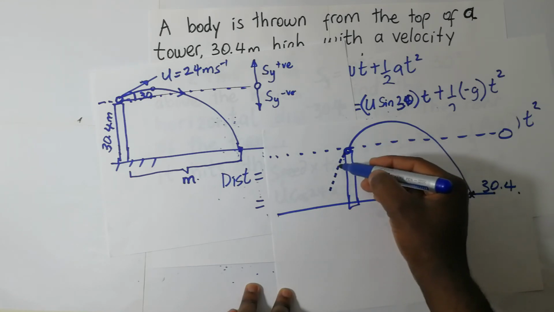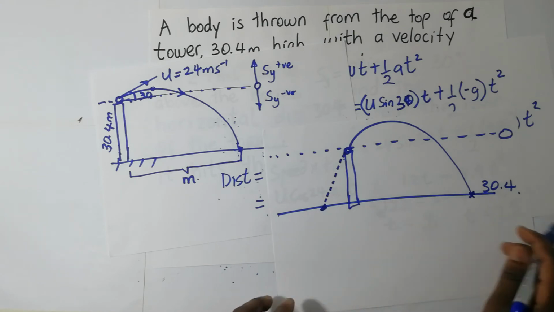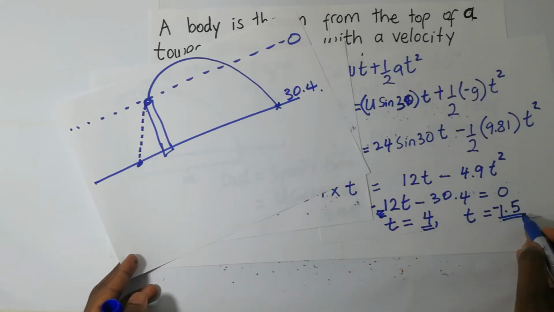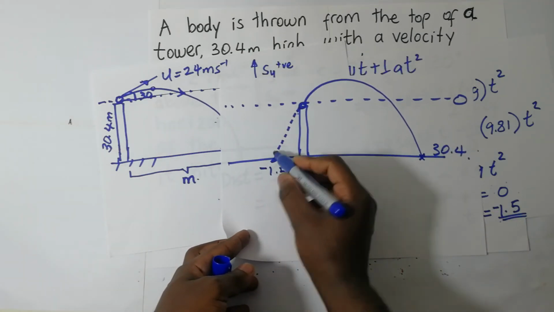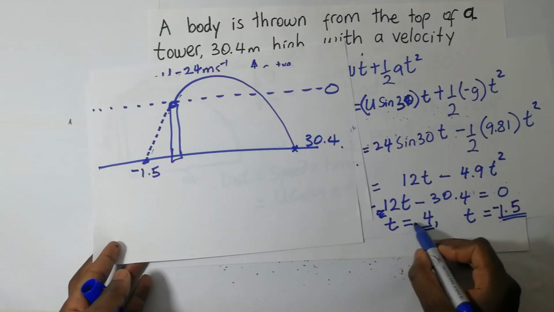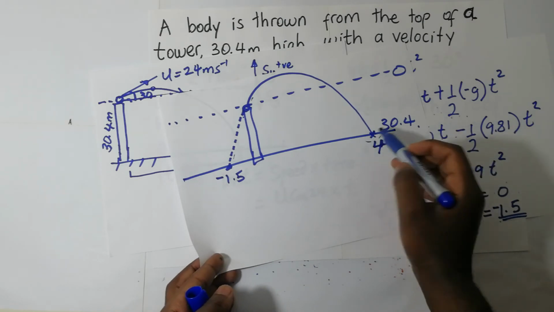We can extend this graph arbitrarily up to this 30.4. So what this means is that this value of t is equal to negative 1.5. This is the value of t here, if we are to extrapolate this up to there. And then this second value of t, 4, is the value of t at that point.